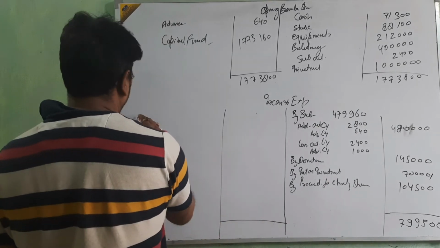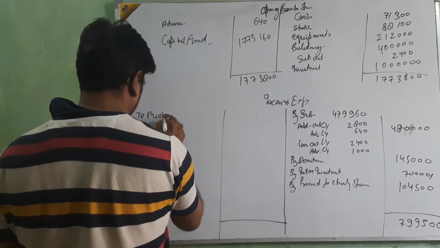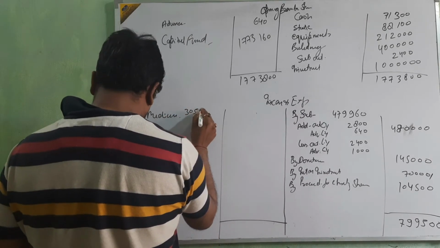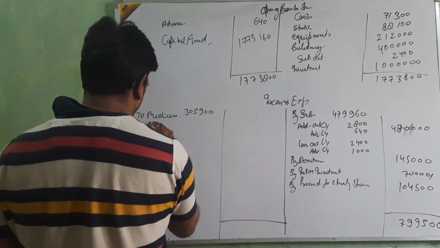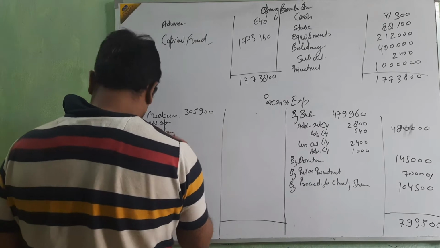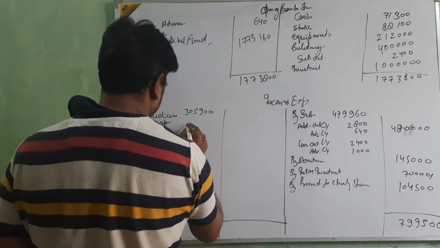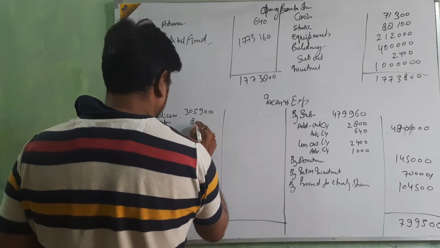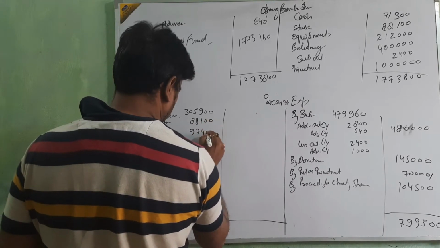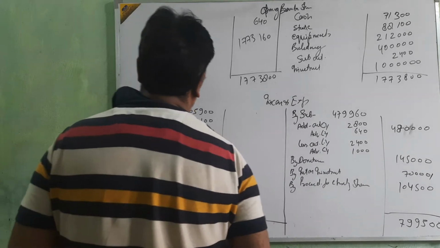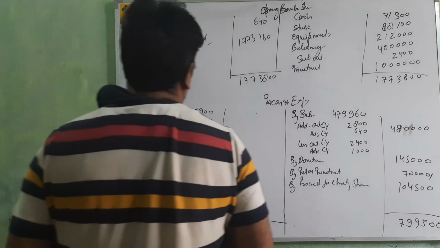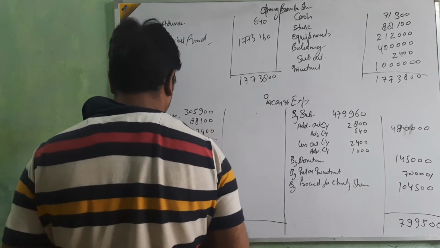Okay, go to the expense side. First medicine, 3,05,900. Add opening less closing: opening is 88,100 and closing is 97,400.